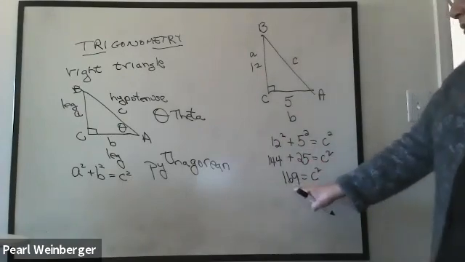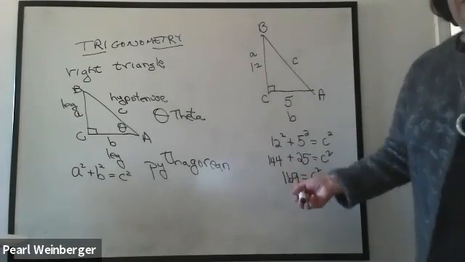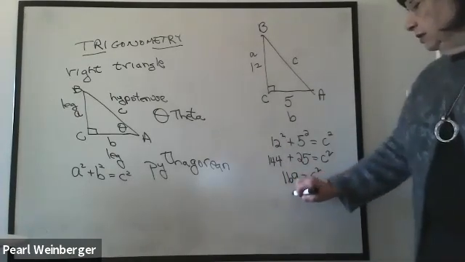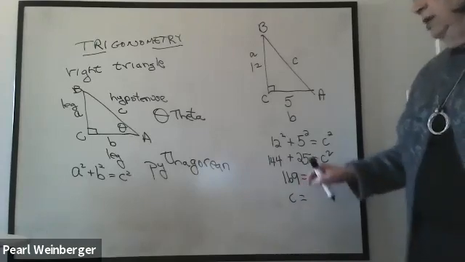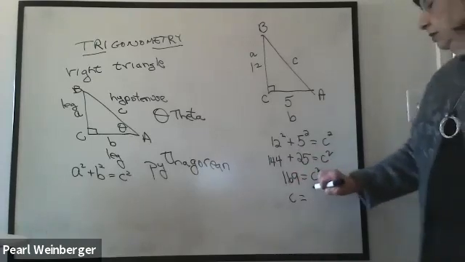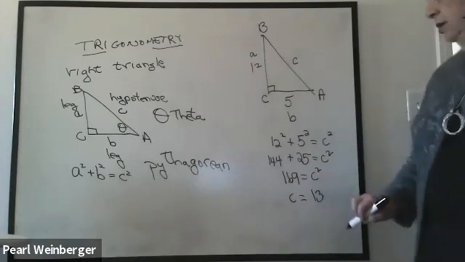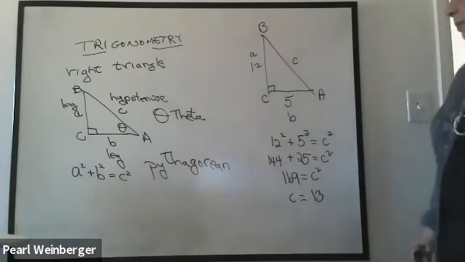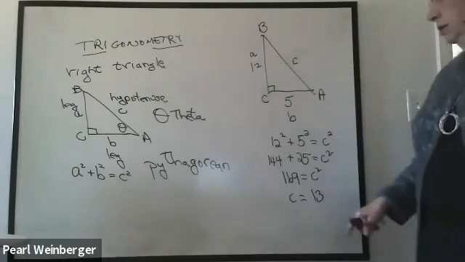And since C squared equals 169, I have to take the square root of 169 to figure out what C is. Now, the square root of 169 turns out to be 13. You can try it on your calculator if you don't remember that from doing squares.